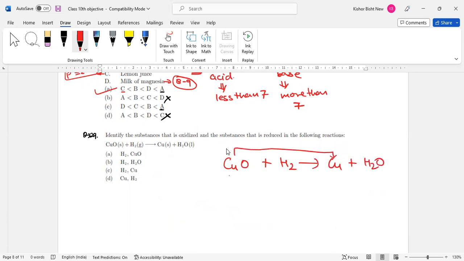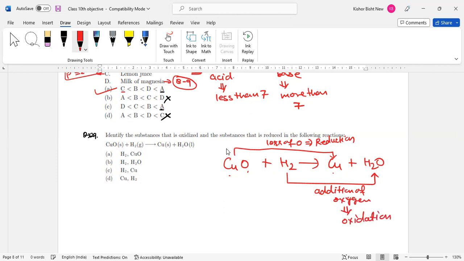Loss of oxygen: initially it had oxygen, now no oxygen. So loss of oxygen means reduction. And here hydrogen did not have oxygen initially, now there is addition of oxygen. Addition of oxygen means oxidation.